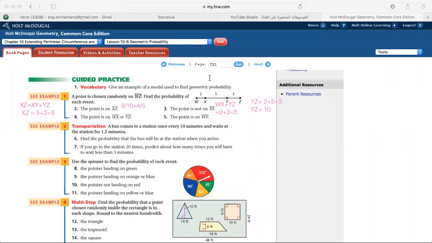WX and YZ are equal to 5 over the total, which is 10. If I want to simplify, I divide by 5 up and down, so it will be 1 over 2. So the answer of number 3 is 1 over 2.